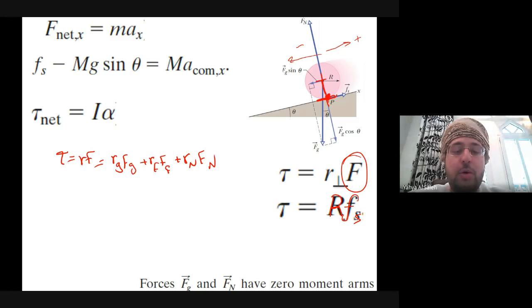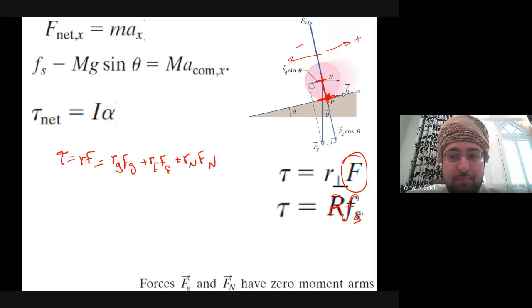Okay. Now when we do torque, do we do it around center of rotation, not center of mass? Or center of mass, not center of rotation? Which one do we do it at?